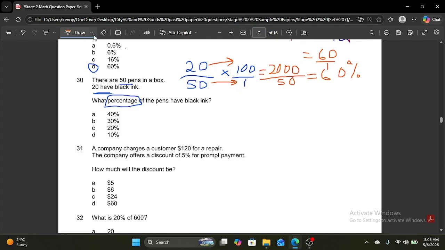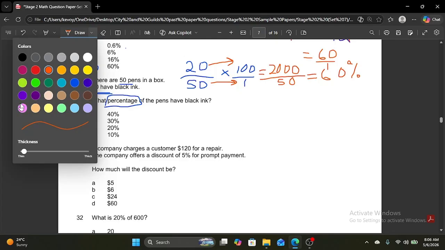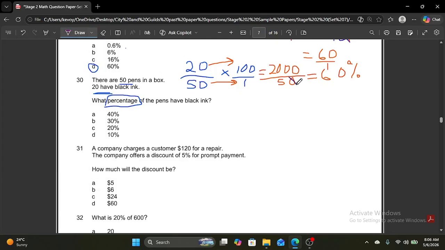I'm going to change the color again so you can see what I'm doing. Purple. So cancel the zeros from the bottom and the top. So you'll be left with 200 over 5. Remember, fractions are division, so 200 over 5 is the same thing as 200 divided by 5.